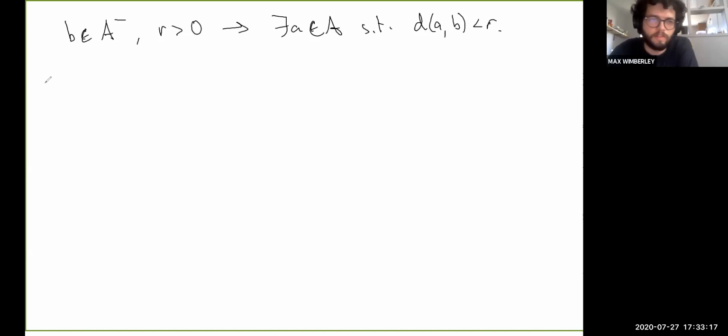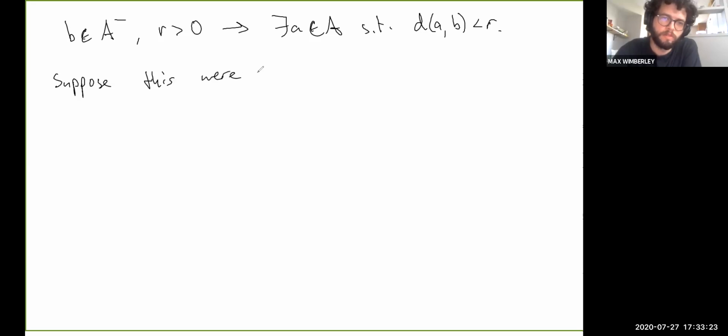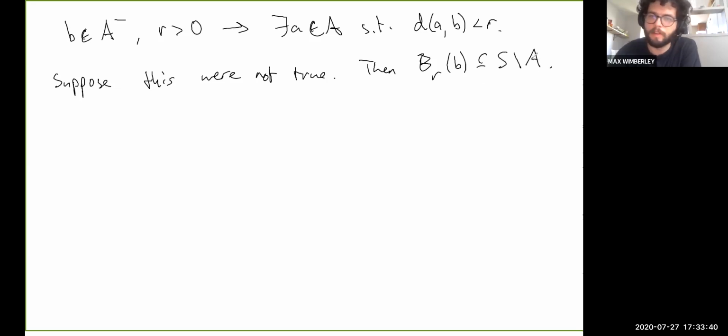Why is this true? Well, suppose this were not true. Then that means that the ball B_R of B is a subset of S, the complement of A, right?